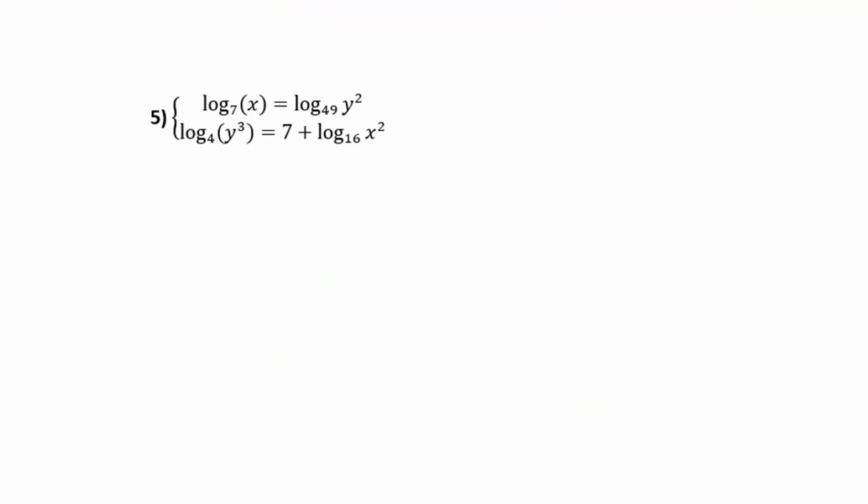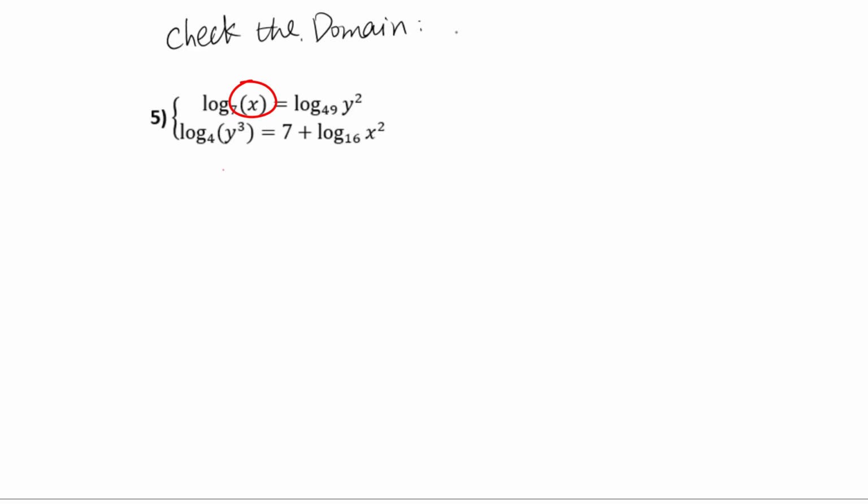Let's go to number 5. First of all, let's check the domain. For x, it's greater than 0 because x is an argument. Since y to the third power is an argument, we get y to the third power greater than 0, which means y greater than 0.